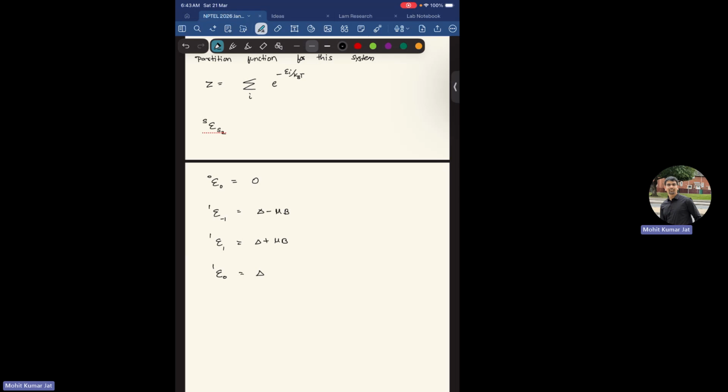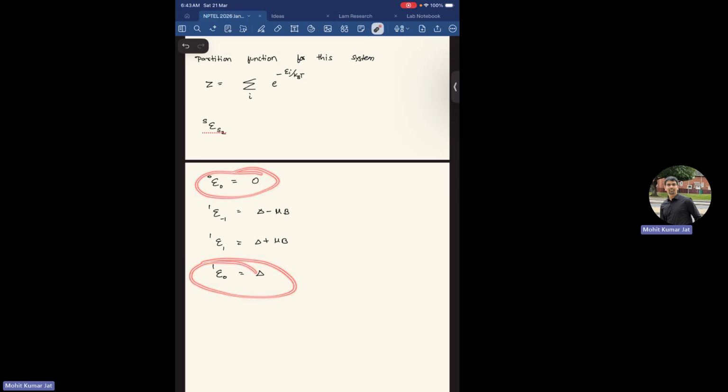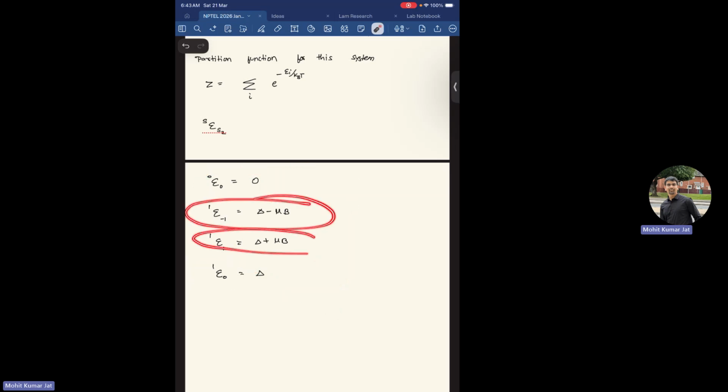That's what is given in the question: the organic molecule has its triplet excited state at energy delta above the singlet. So the difference between these terms is delta, and then because of the magnetic field, the spin part is plus mu B and minus mu B.